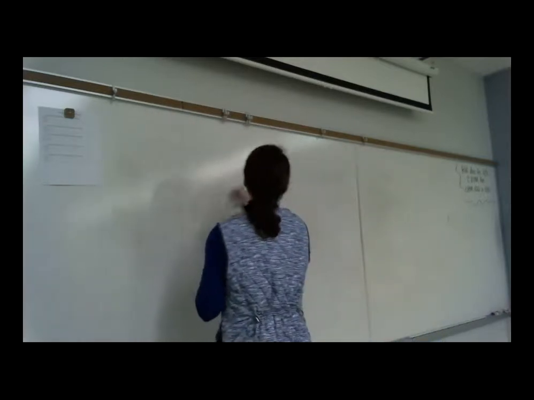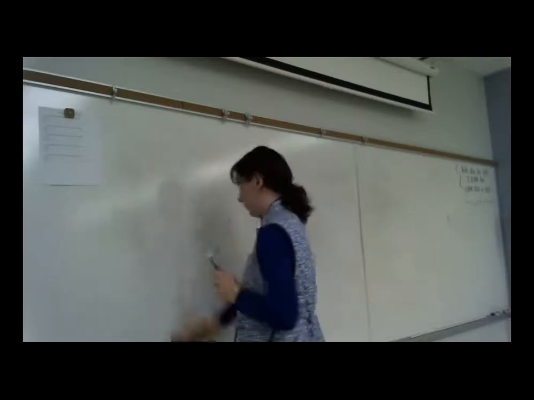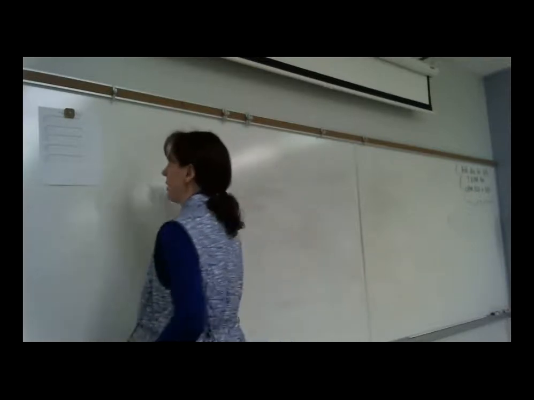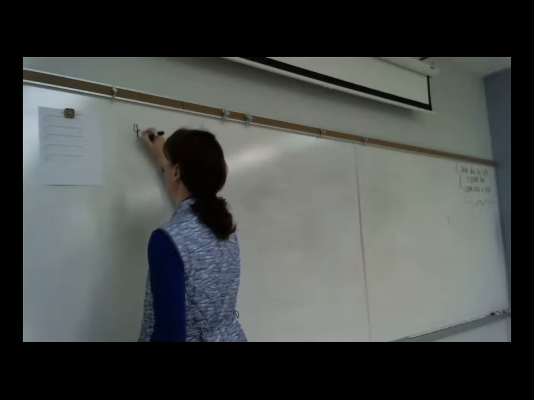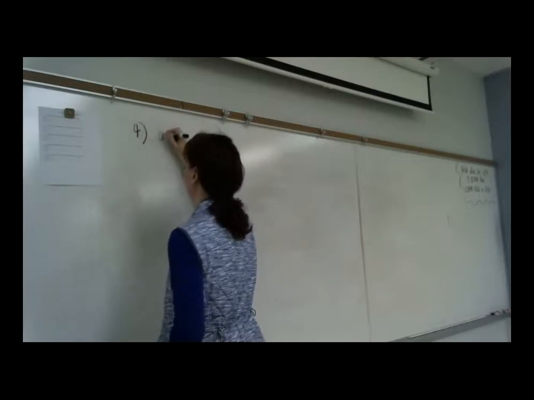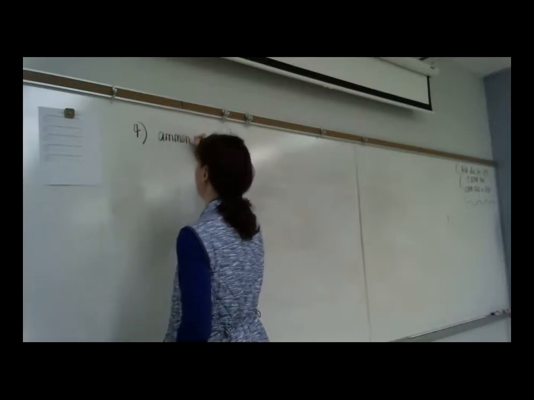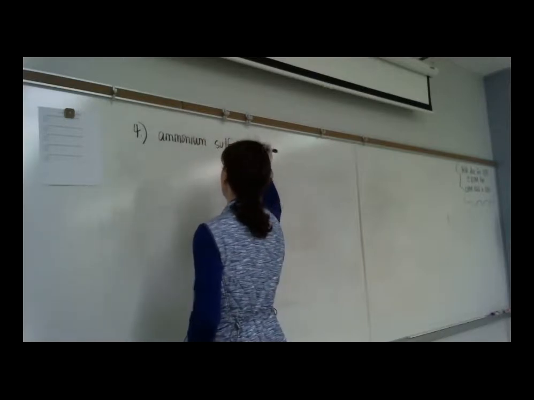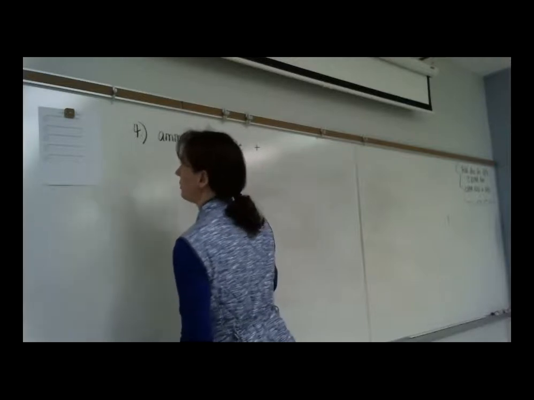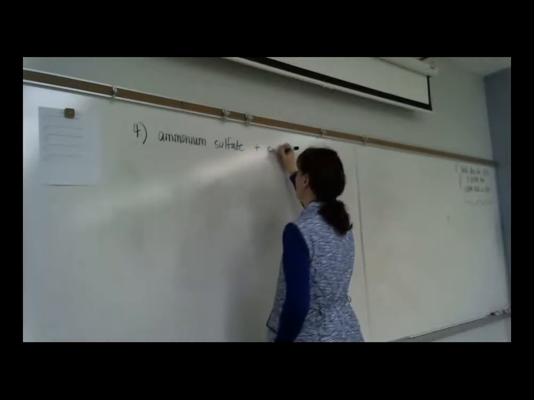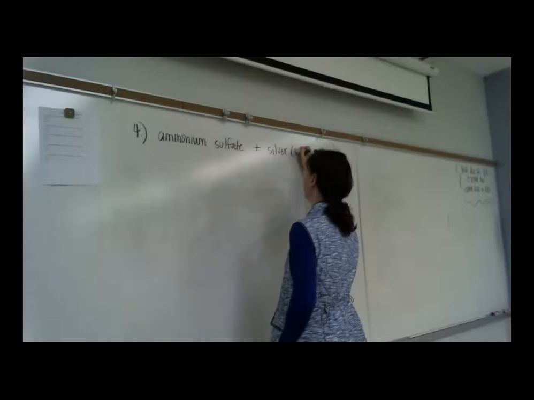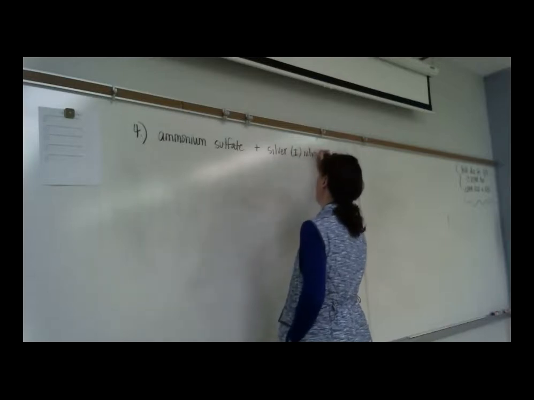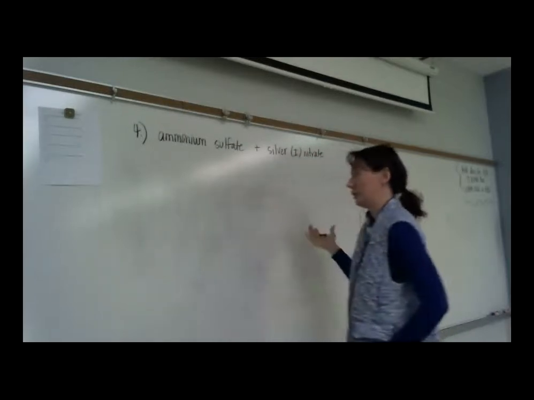Let's do number 4. This is ammonium sulfate. Finally shook stuff up a little bit. Ammonium sulfate, and it's combined with silver 1 nitrate. Now, I told you in the problem that these are both solutions, so I don't need to look up their solubilities.